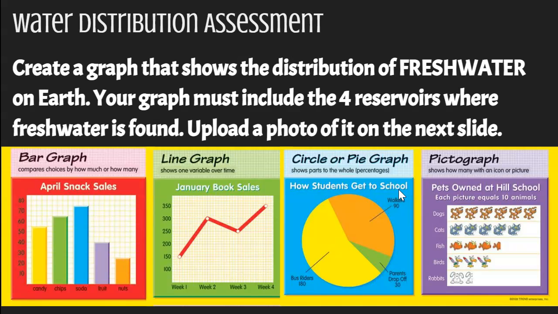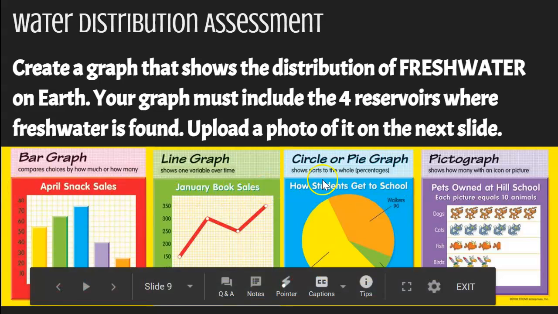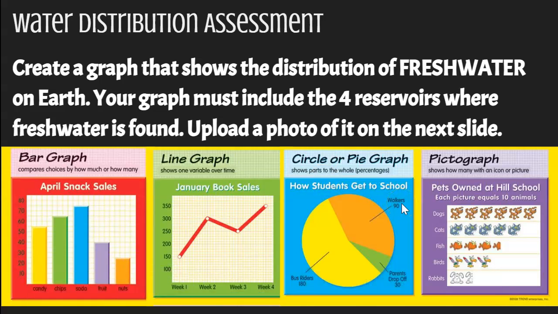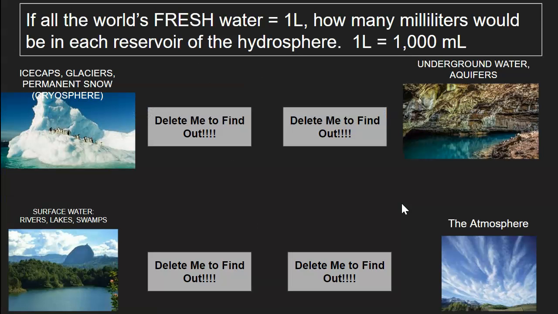Obviously, we always do a brain dump, so take a moment to write down things that you've learned and that you remember. Then you need to make a graph. You can choose the type of graph you make. There are 4 examples there: bar graph, line graph, circle graph, or pictograph. You are going to graph the 4 reservoirs where fresh water is found, using the information on this slide.